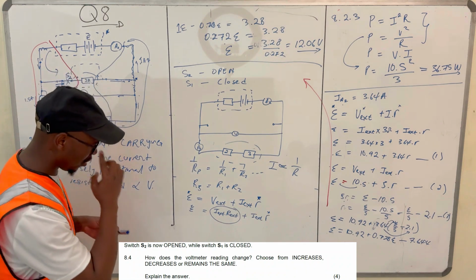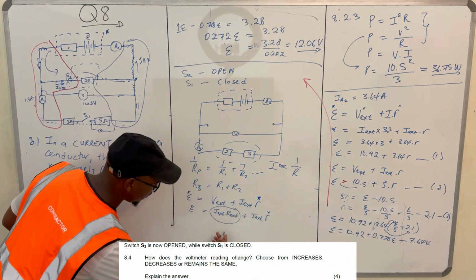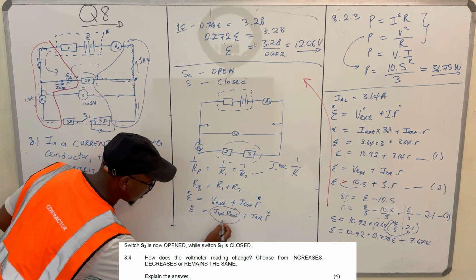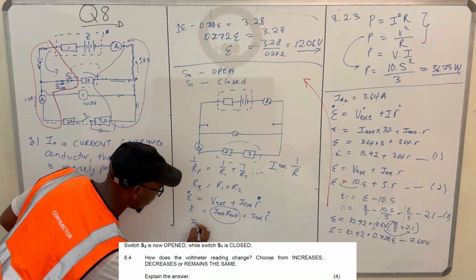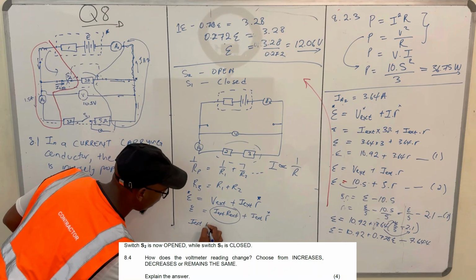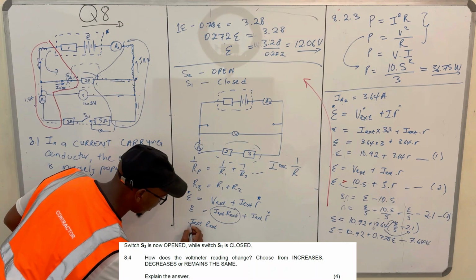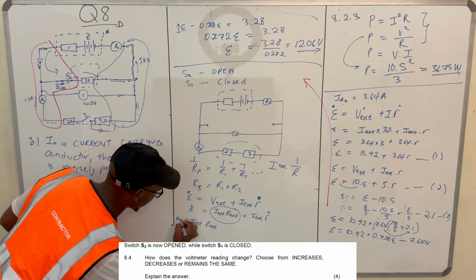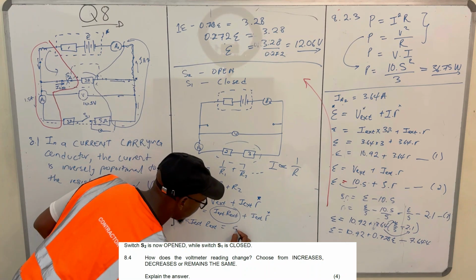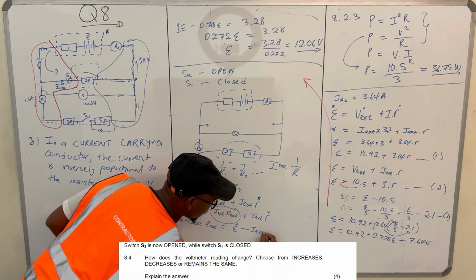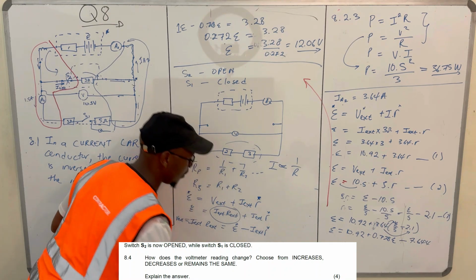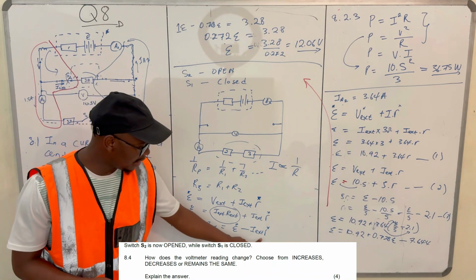So if we make this the main equation, we have I external multiplied by R external, which is our V external. This is going to be E, which is the same, minus I external multiplied by the internal resistance r. Remember, these are remaining the same.